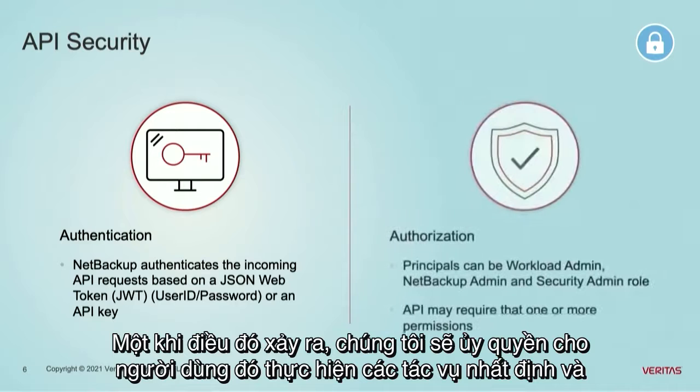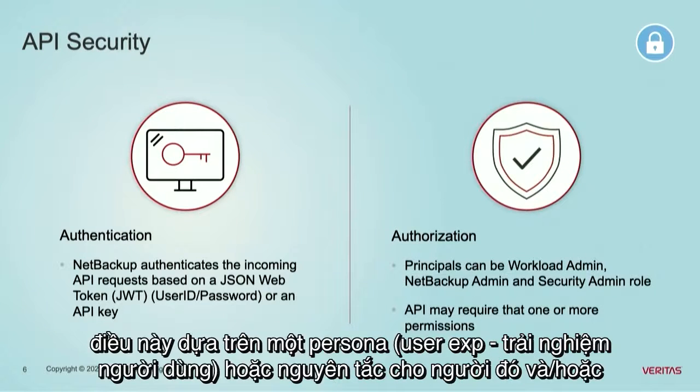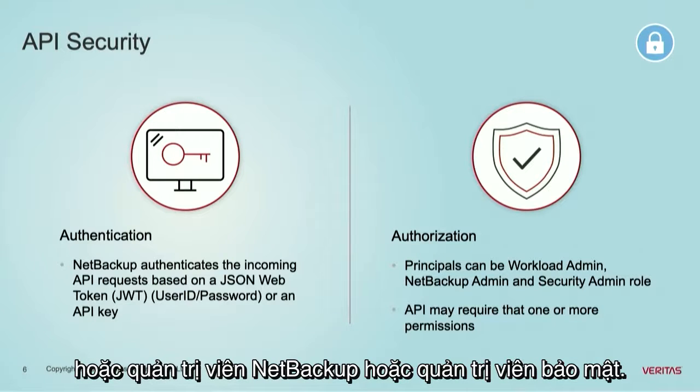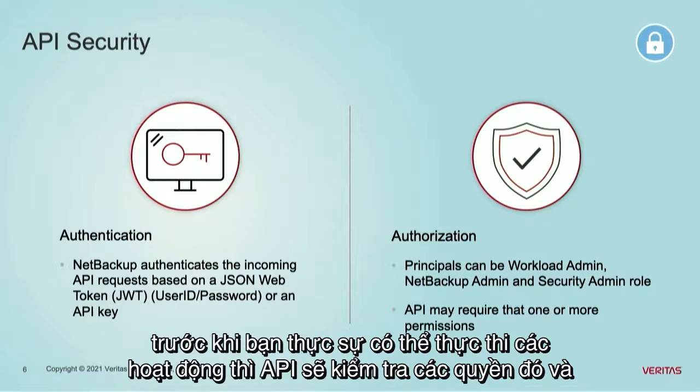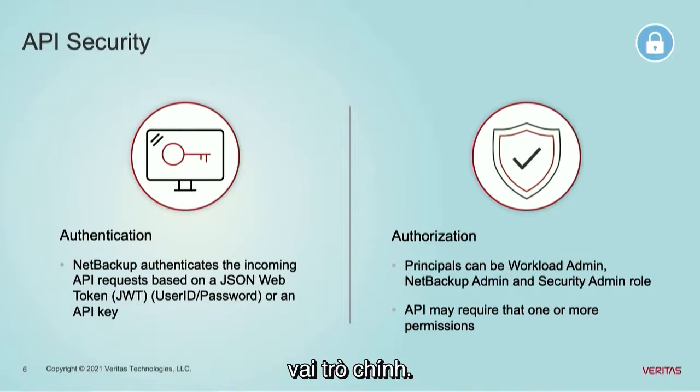Once that happens, we then authorize that user to perform certain tasks. And this is based upon a persona or a principal for that person or that system. It could be, for instance, a workload admin, the NetBackup admin, or a security admin. Once we've done that authentication and authorization, then the APIs, before you can actually execute, will check those permissions. And in some situations, you may have to have authorization as part of multiple principal roles.